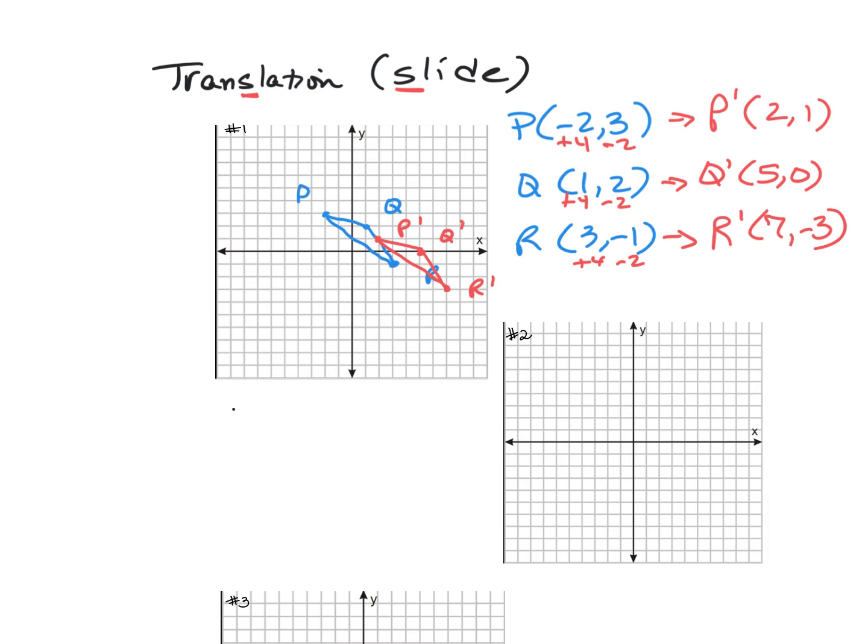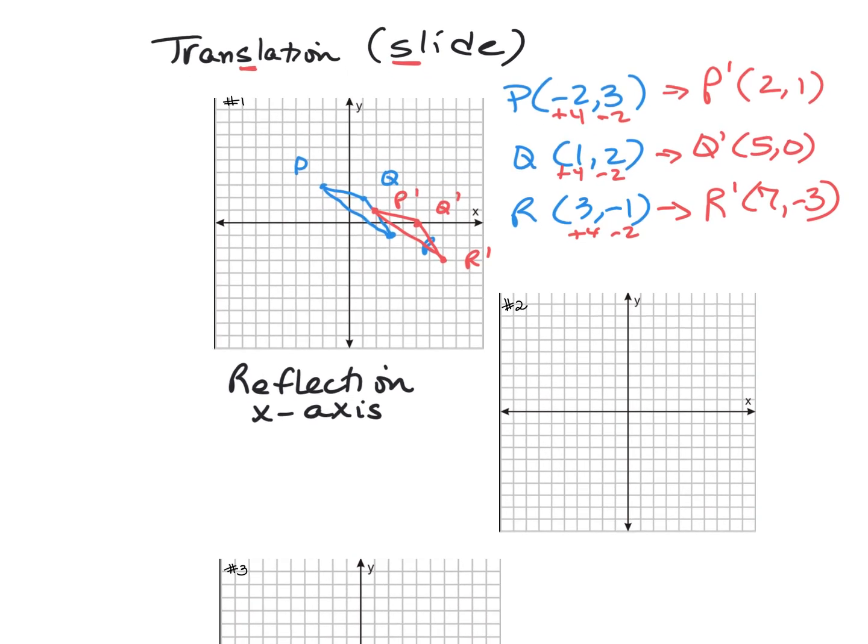Number 2, remember, was a reflection. And they asked us to reflect it across the x-axis. So again, remember your order pairs originally. -2, 3. Q was 1, 2. And R was 3, -1.